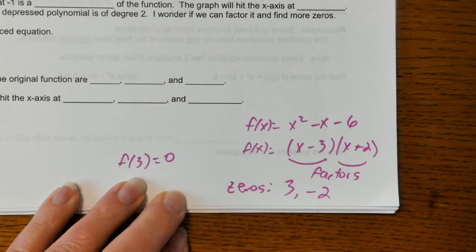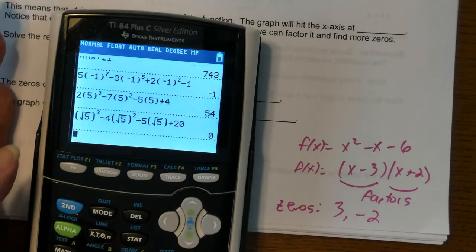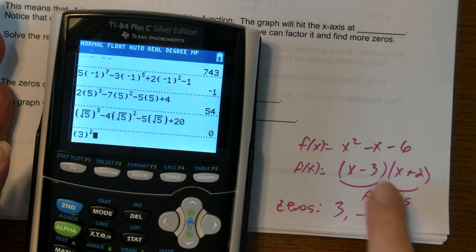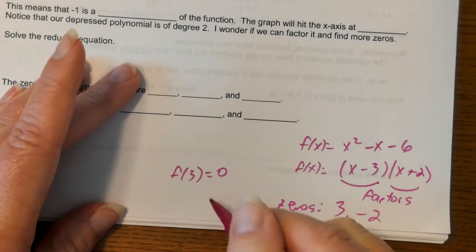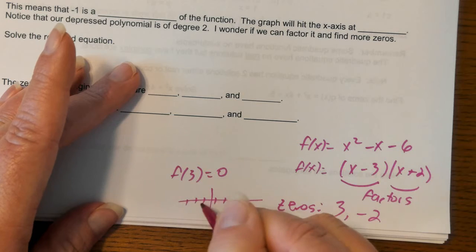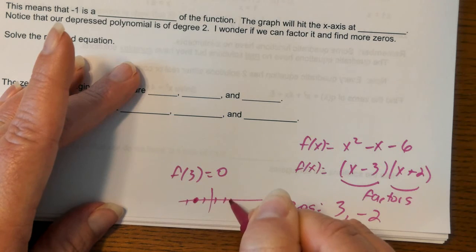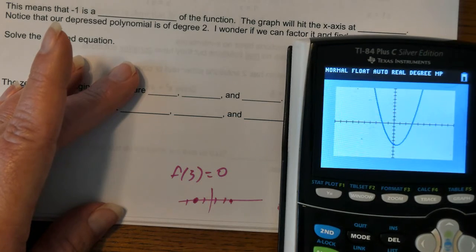If I put 3 in for x, 3 squared minus 3 minus 6, sure enough, that does equal 0, because this graph, remember, hit the x-axis at negative 2 and positive 3.